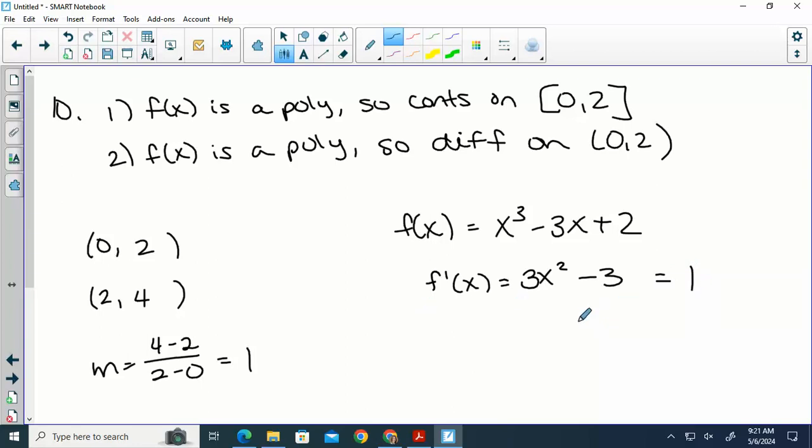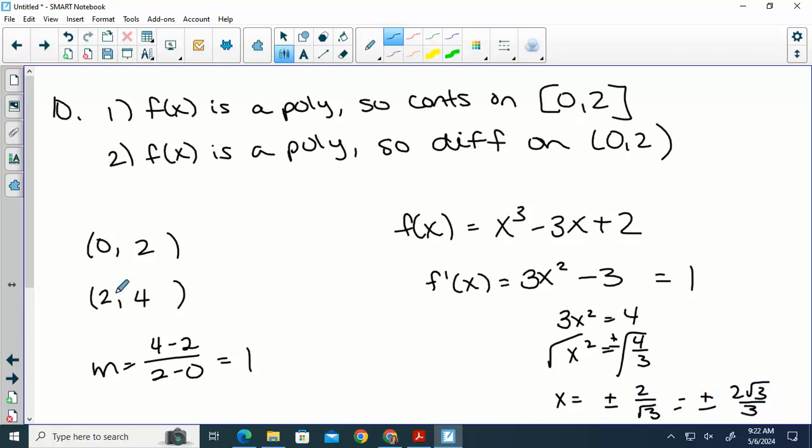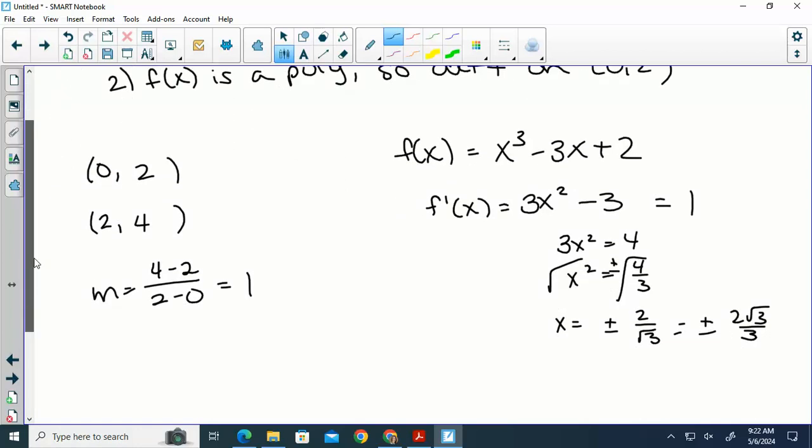So solve this equation. 3x squared equals 4. So x squared is 4/3. Square root, plus and minus. Square root of 4 is 2 over the square root of 3, or 2 radical 3 over 3. Would I use both of those?